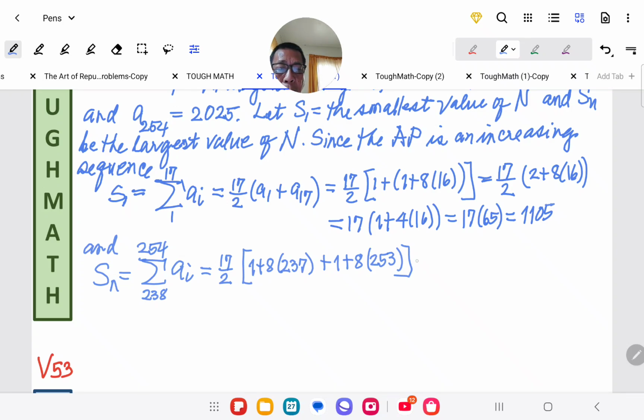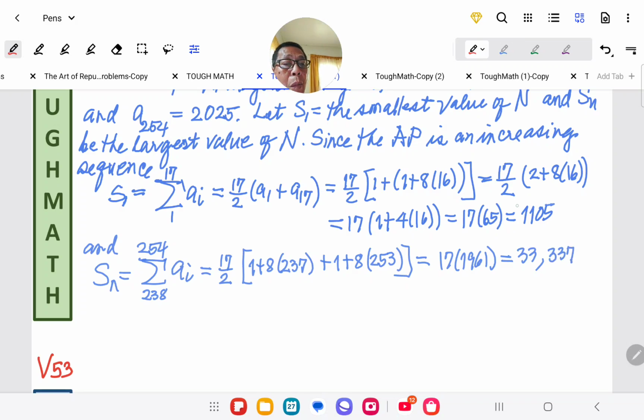And without going into the details, this sum is equal to 17 times 1961, which is equal to 33,337.